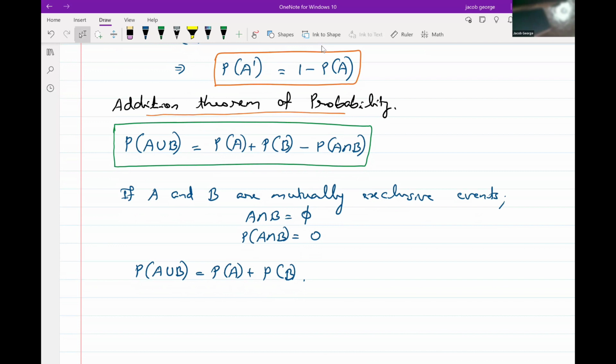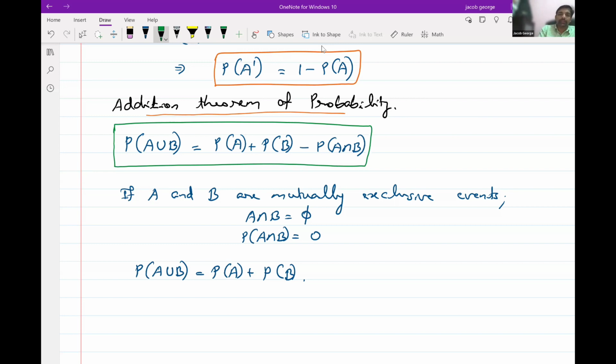In the chapter on sets, you have studied a similar formula for the number of elements of A union B. What was that formula? Please unmute and respond, children. N(A union B) is equal to N(A) plus N(B) minus N(A intersection B).